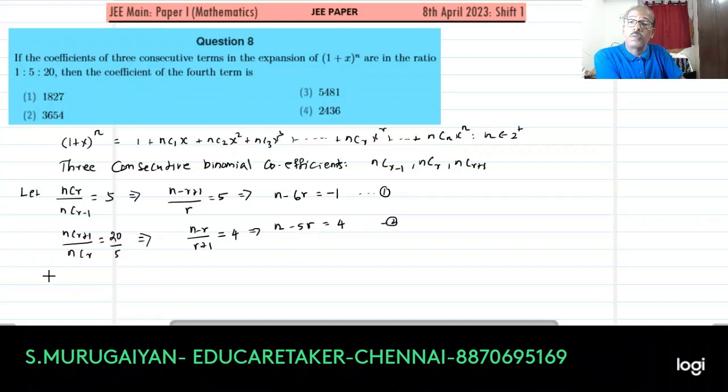So 2 minus 1 gives r equal to 5. r equal to 5.